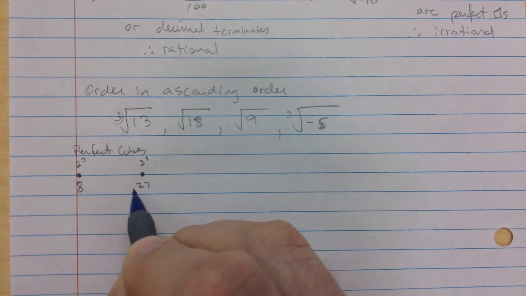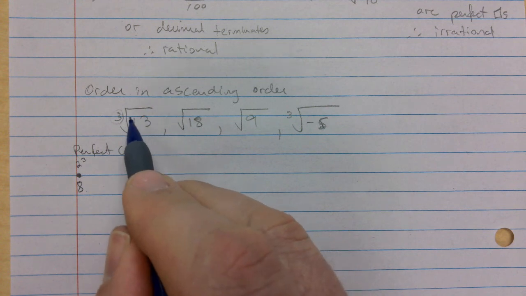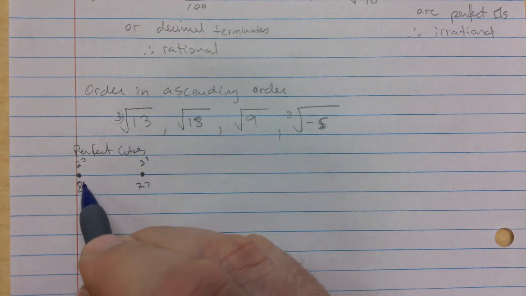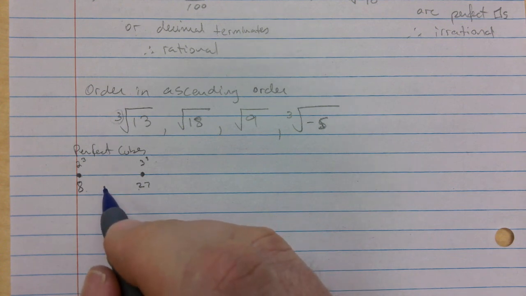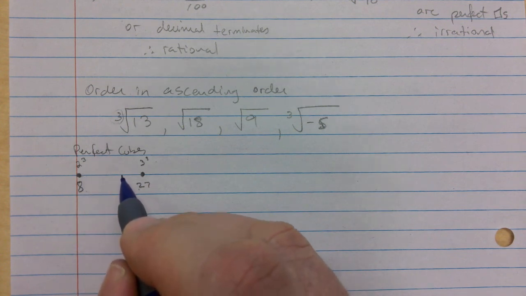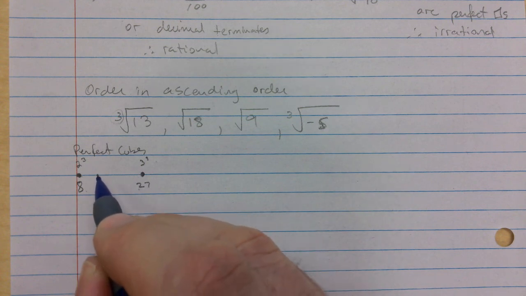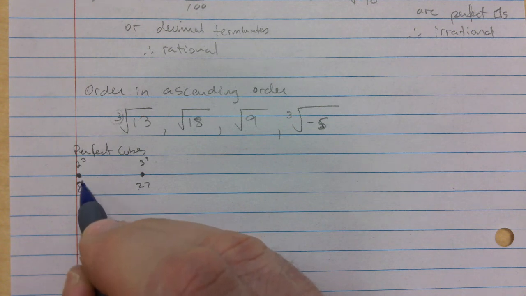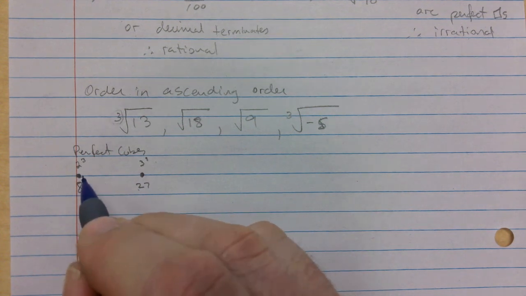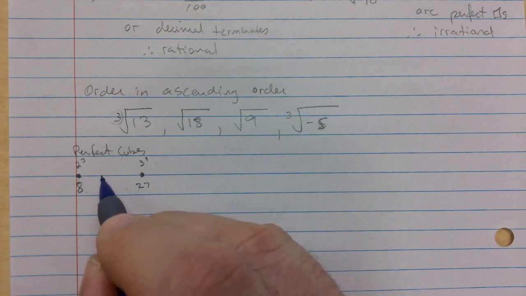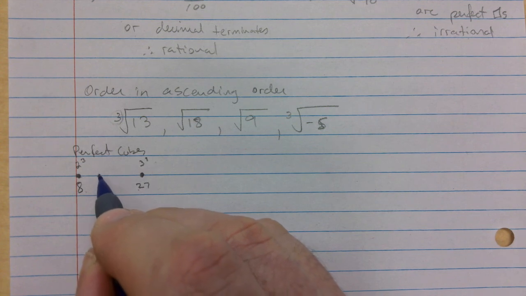So the two perfect cubes that this radicand is found between are 8 and 27. Between 8 and 27 there is almost 20 difference, so 18 would be right about in the middle, so we're thinking 13 should be somewhere in there.